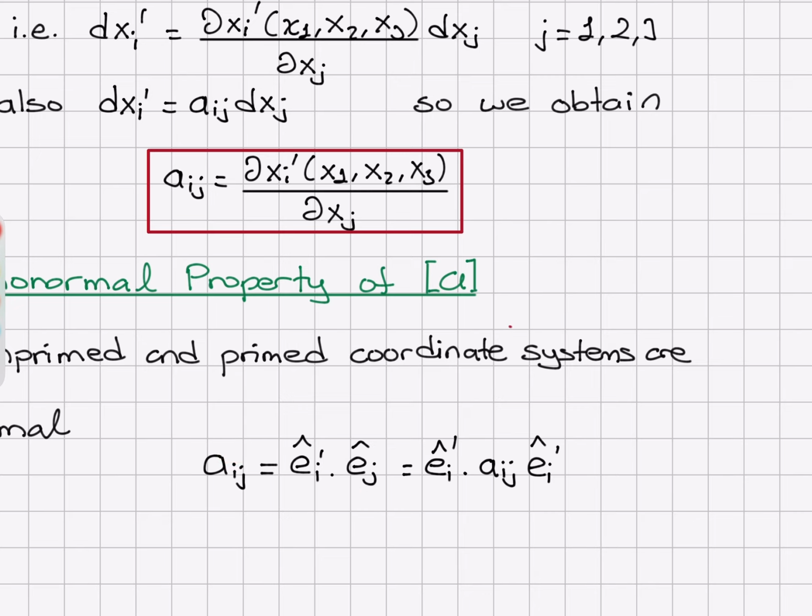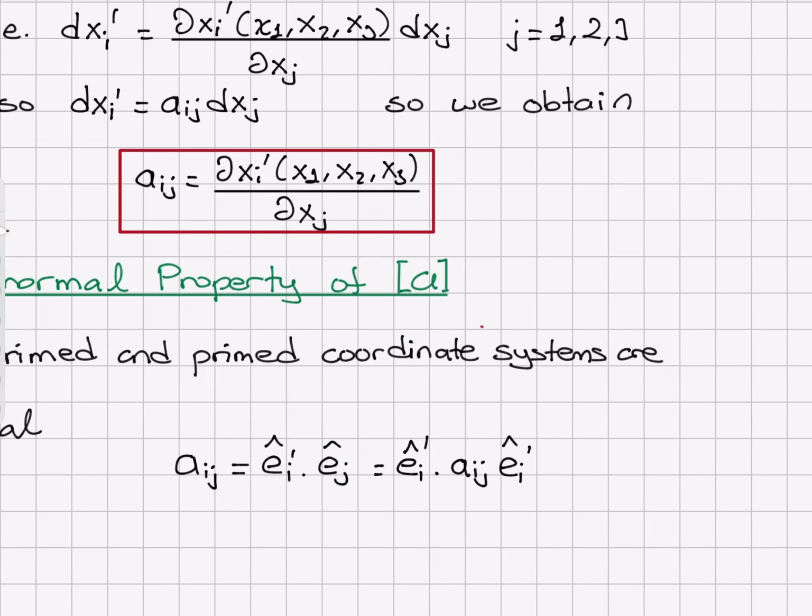So that means, this implies, I can write Ej hat to be equal to Aij Ei prime hat. So with that substitution here, I obtain Ei prime hat dot Ei prime hat, which is 1, so Aij is equal to Aij. So this is what it implies.